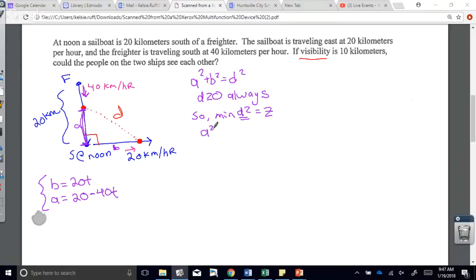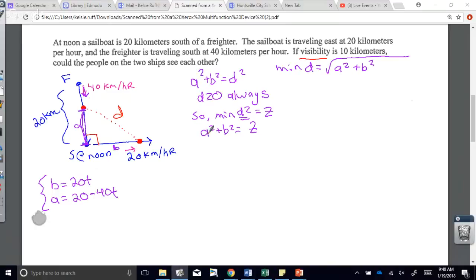So we're going to use A squared plus B squared equal to z to find where the minimum occurs. When we get ready to find the minimum distance, we're actually then going to take the square root of all that stuff. So the square root of A squared plus B squared.